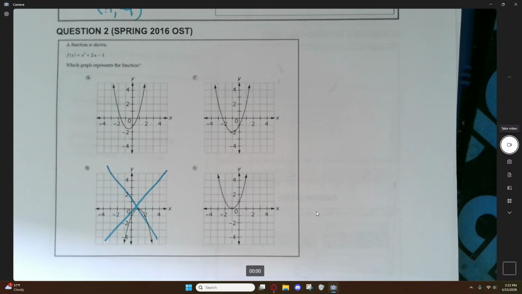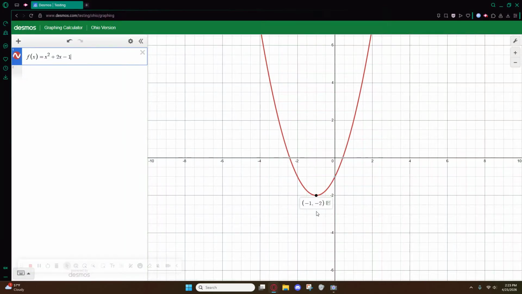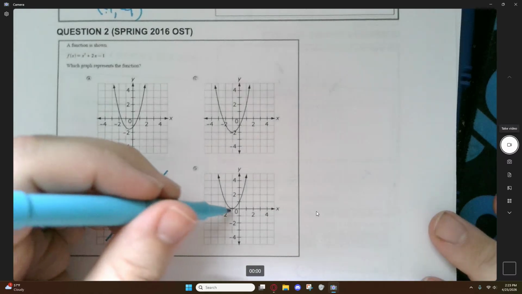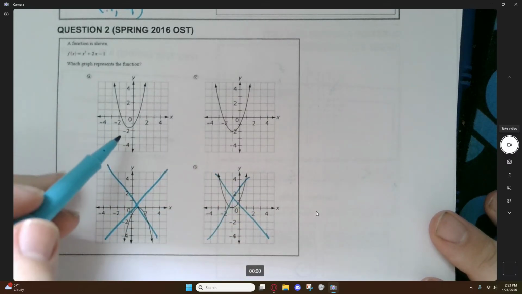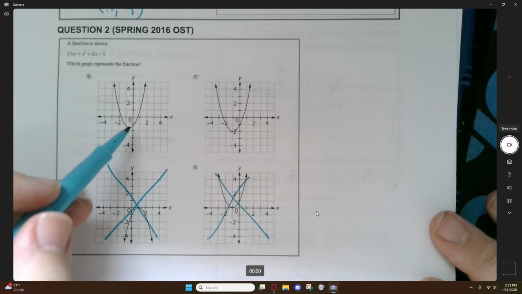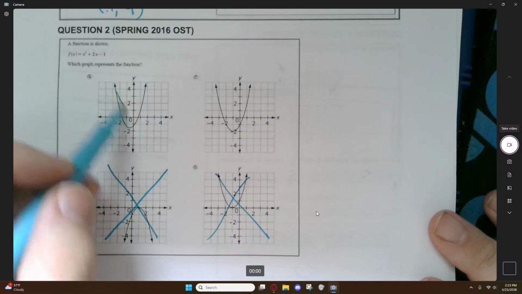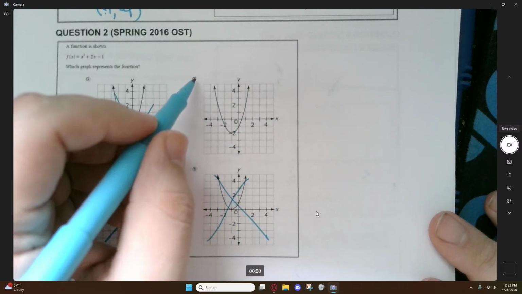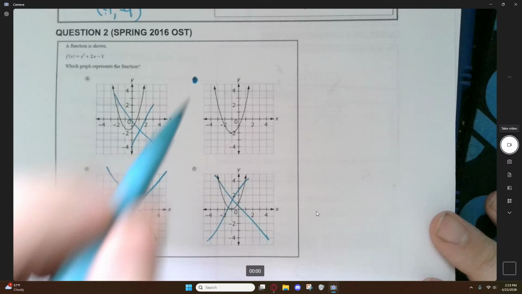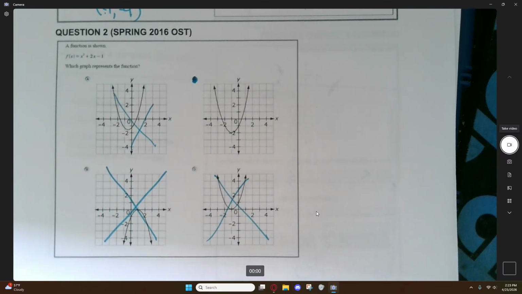Now, we need something that has a vertex at negative 1, negative 2. This vertex is at negative 1, 0. That doesn't work. This vertex is somewhere in the middle of this one right here. So that's not it. However, this one has a vertex of negative 1, negative 2. That's your answer. You may not think Desmos can help you, but Desmos did the whole thing for you.